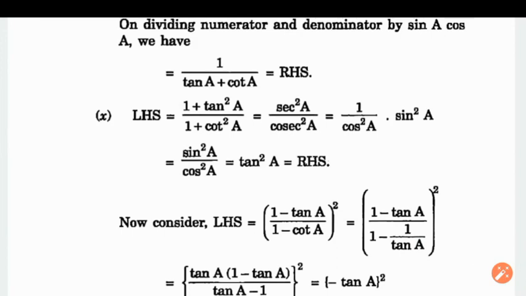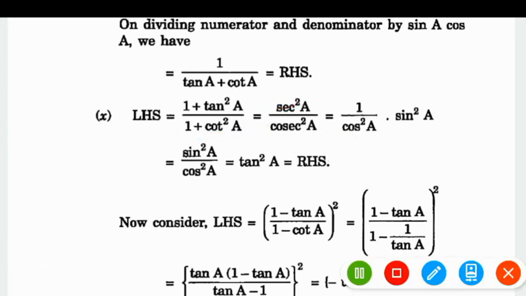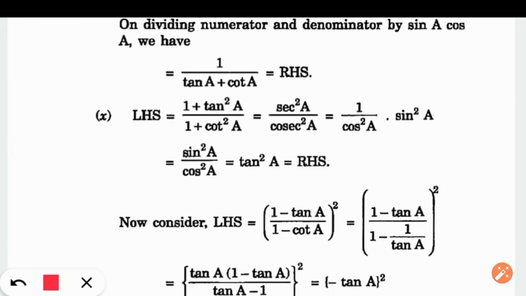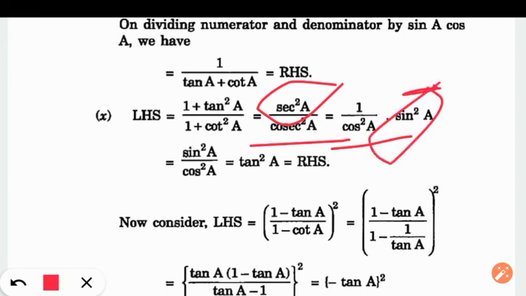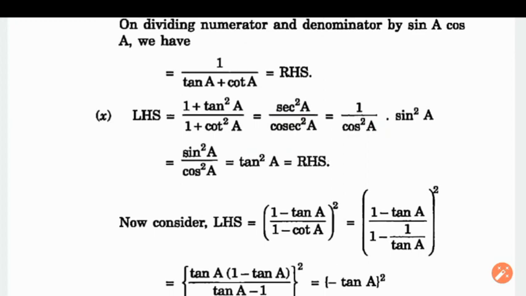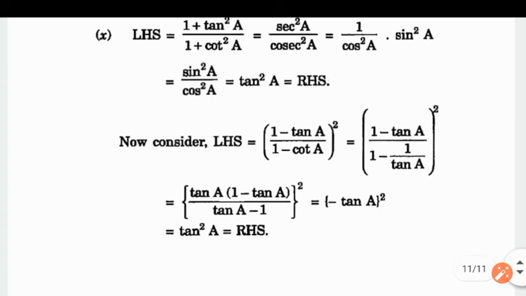We are going to prove both of them as tan square A. We know that 1 plus tan square A is sec square A, and 1 plus cot square A is cosec square A. And we know that sec square A is 1 by cos square A, and cosec square A is 1 by sin square A. Now sin square A by cos square A is tan square A. First part proved.